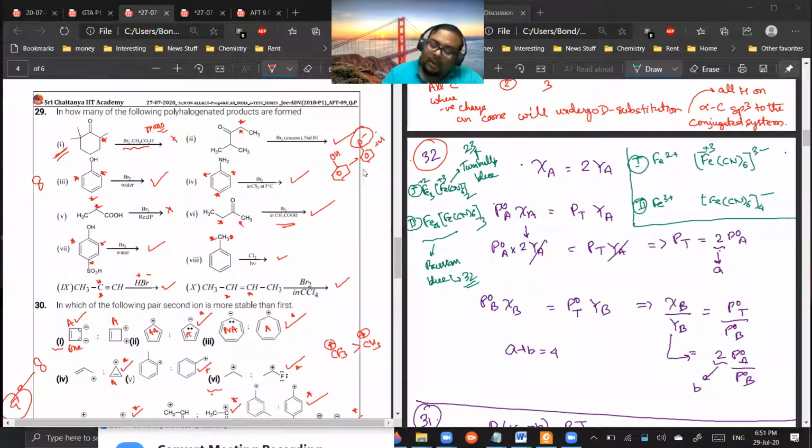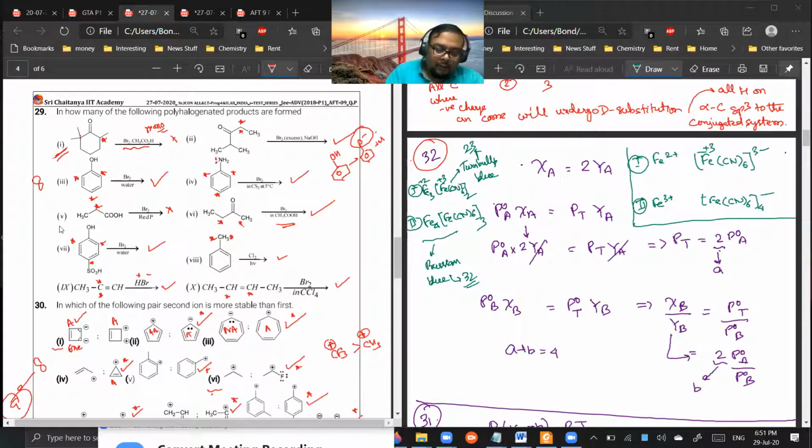But NH2 is self-motivated. Its lone pair is basic, so it doesn't need the polarity of the medium to activate the ring. It always activates the ring. So whether you use CS2 or H2O, it won't make any difference to aniline or the NH2 group. Are you getting my point? Are you clear with all the points?